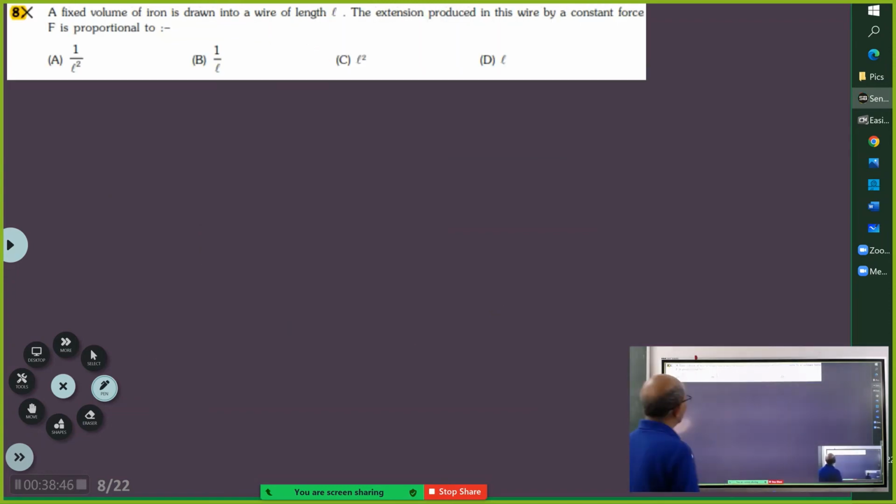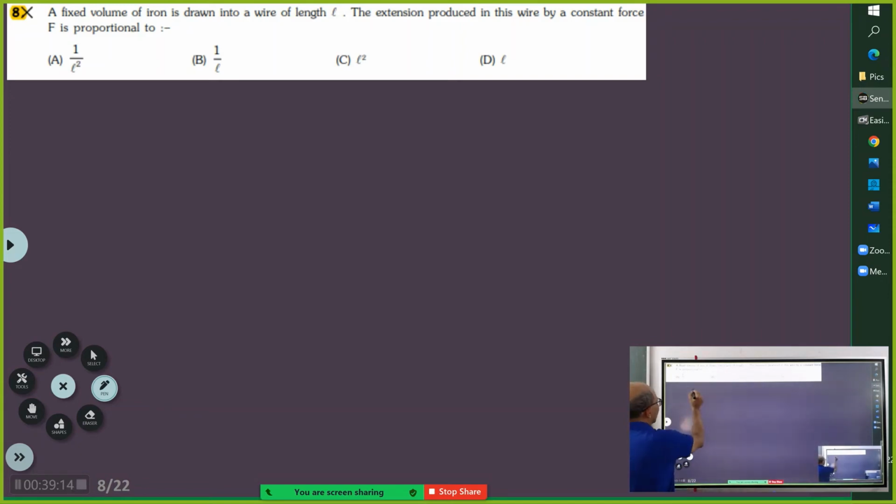A fixed volume of iron is drawn into a wire of length L. The extension produced in this wire by a constant force F is proportional to. So again, they have taken this wire.